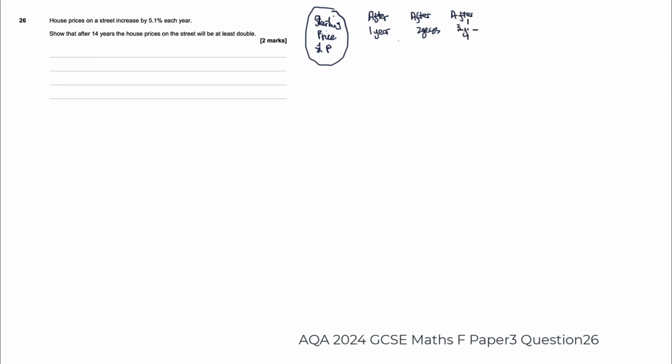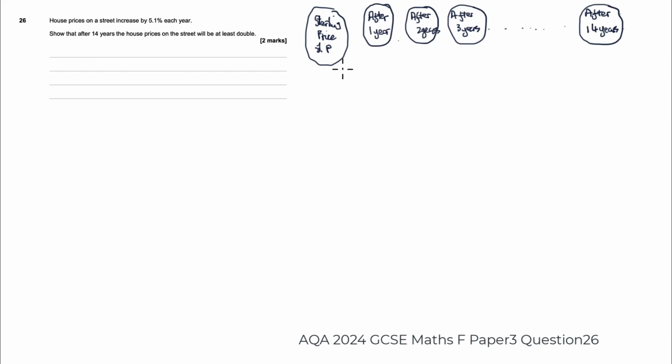So the prices are increasing each year. And that goes on all the way along, and we're trying to find out what happens to these house prices after 14 years, assuming that they rise by 5.1% every year.